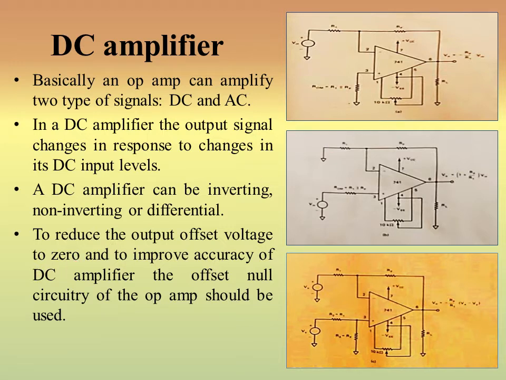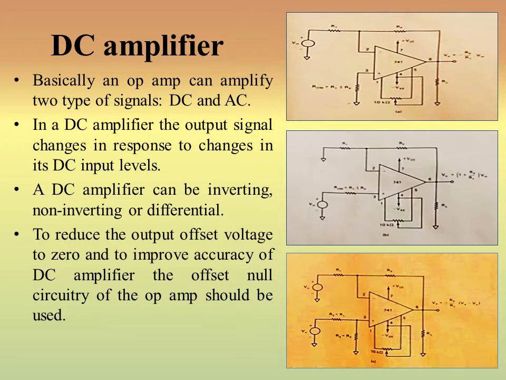We have studied that in case of 741 there are two points where a potentiometer should be connected in order to reduce the output offset voltage to 0 or nullify this effect. So in such op-amps, as shown in the diagram, the output offset null circuitry is used. In all three diagrams you can see the output offset null circuitry has been used.